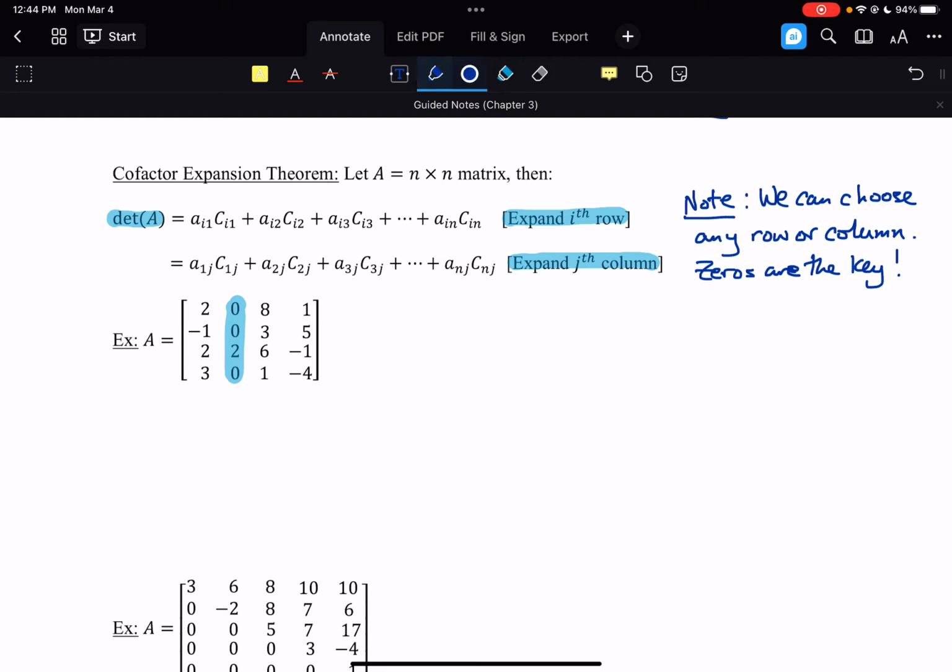It'll give you the exact same answer as if you were to expand the fourth column or the third row or one of those with no zeros. But this one's going to minimize our work. So we're going to expand the second column.